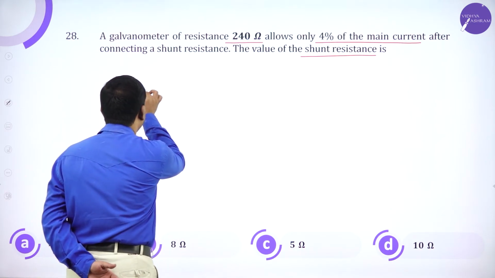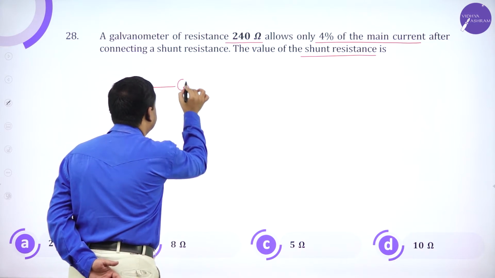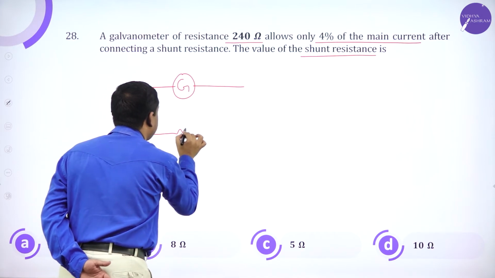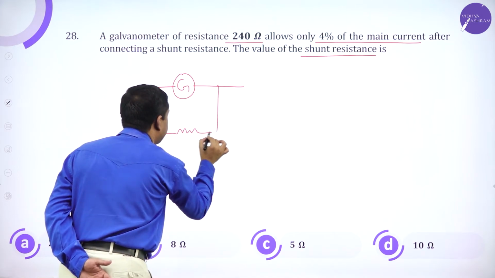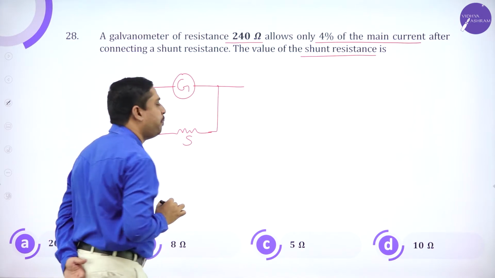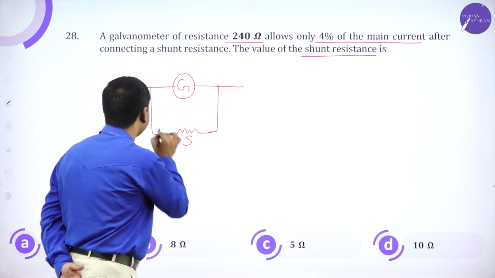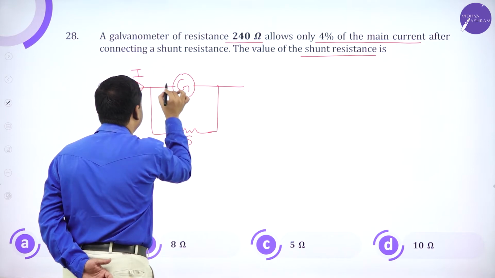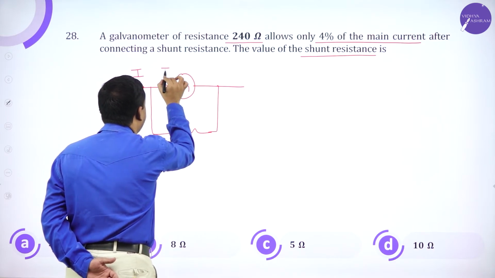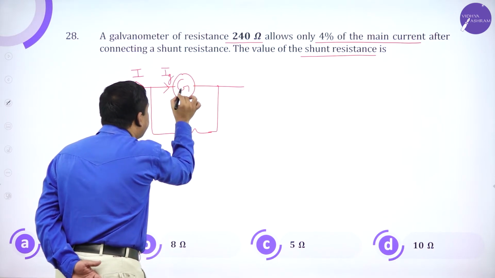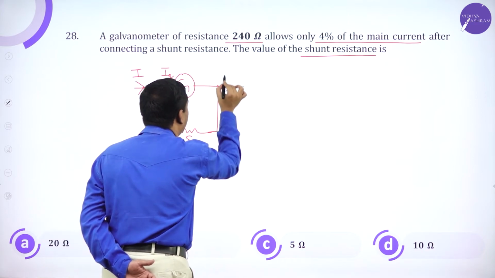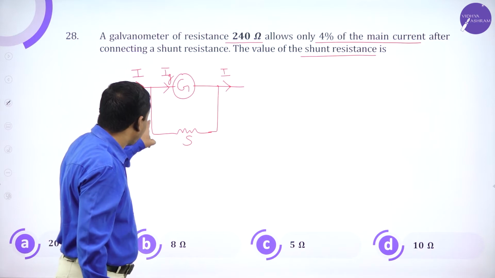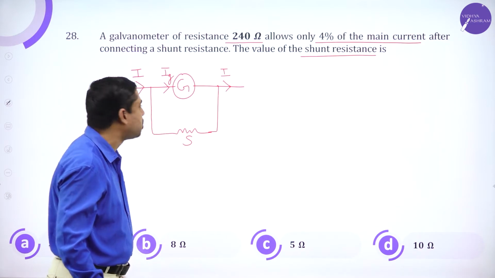Now, there is a galvanometer. A shunt resistance is connected in parallel with it. I is the main current, Ig is the current flowing through the galvanometer, I comes out. What is the current flowing through the shunt?